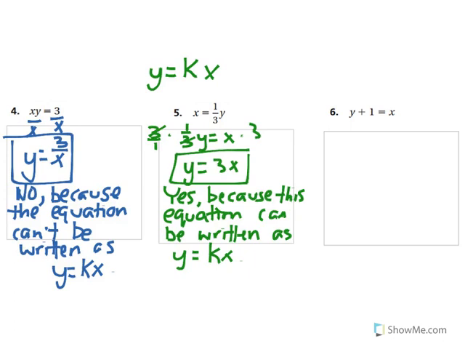And then finally, we have y plus 1 equals x. Well, I'm going to subtract 1 from both sides, and I get y equals x minus 1.